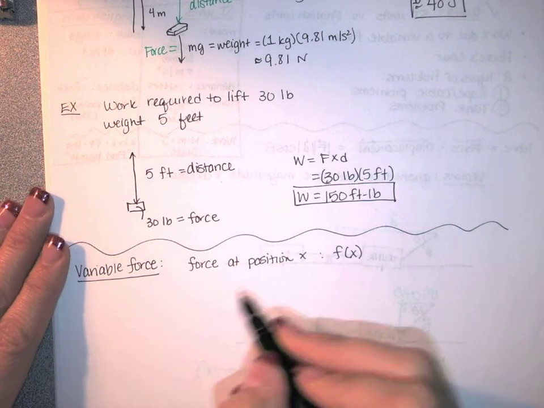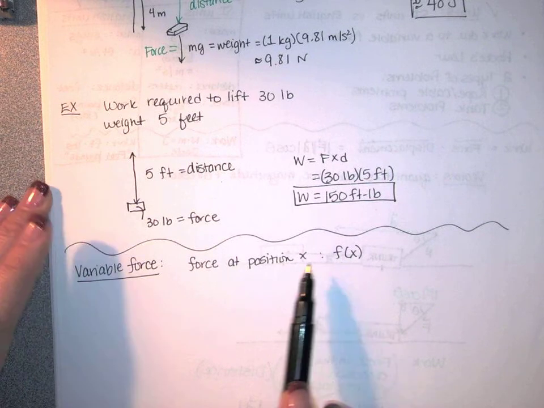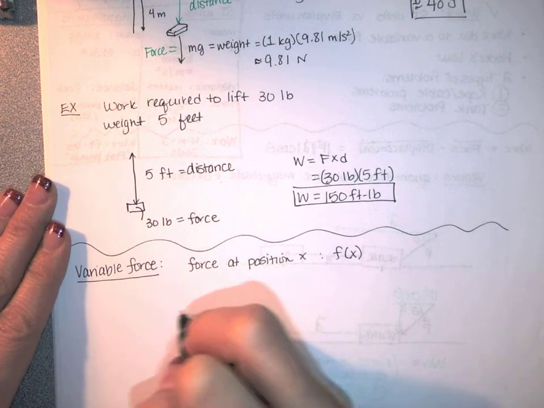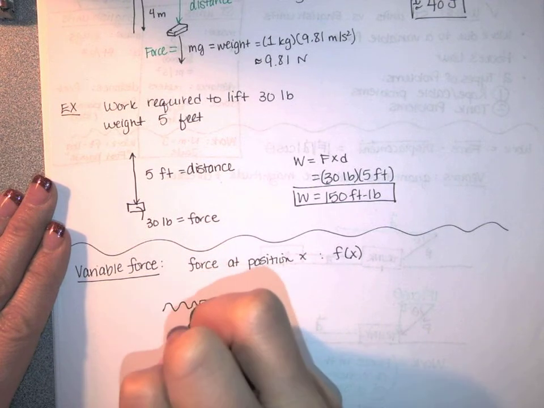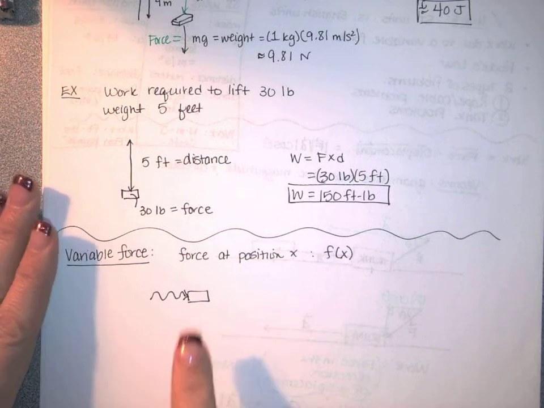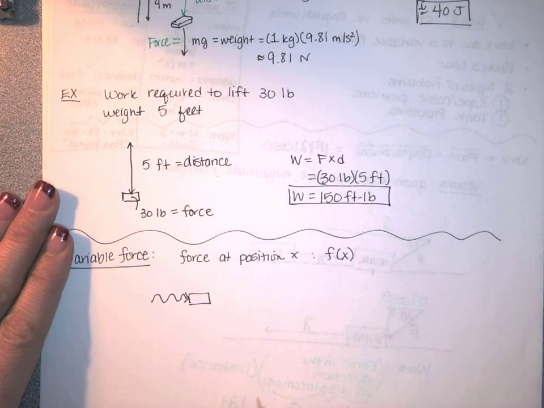Well, every time I want to find the work done by this force acting on an object moving through a particular distance. So here's my object, and now I have this little force. I'm making it sort of wavy like this because it's varying. Okay, so that force is changing from moment to moment.